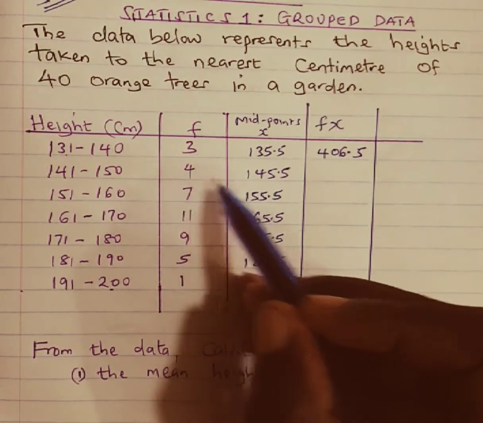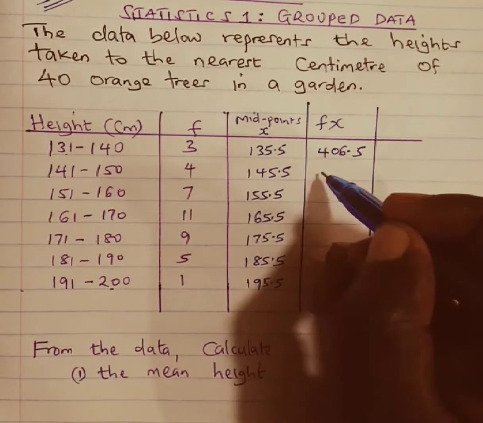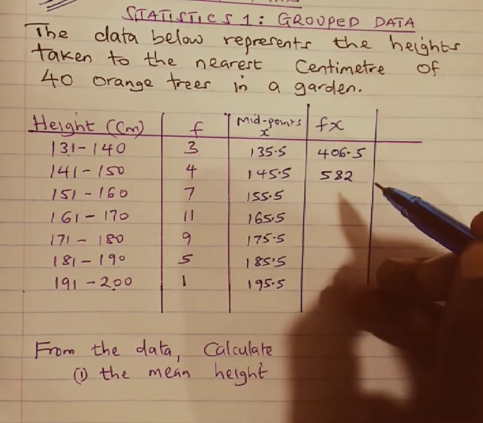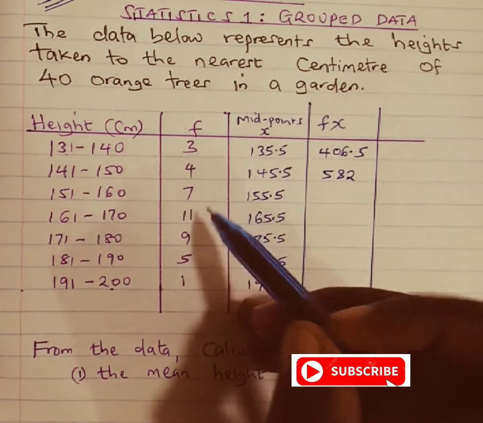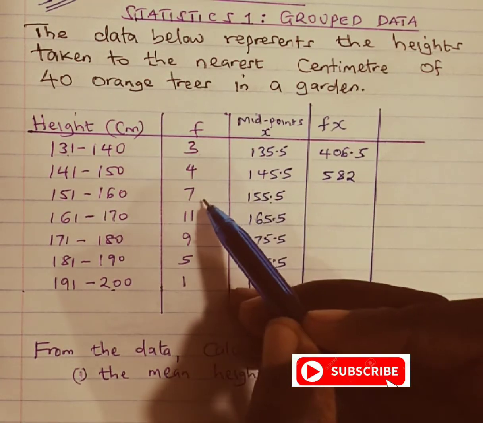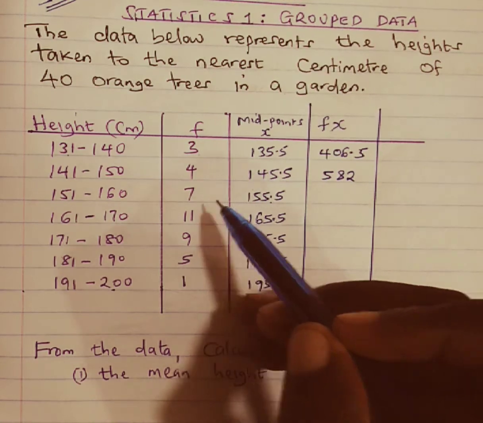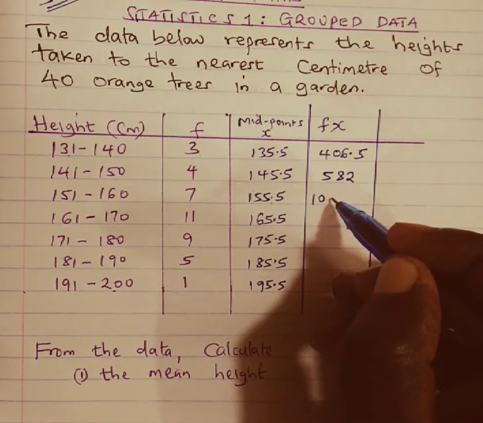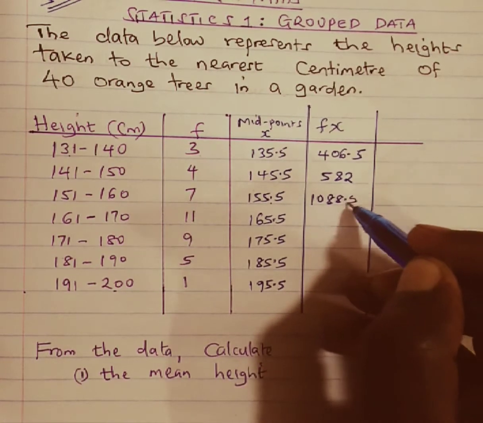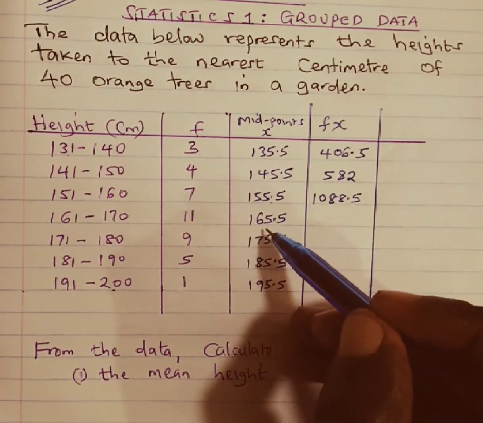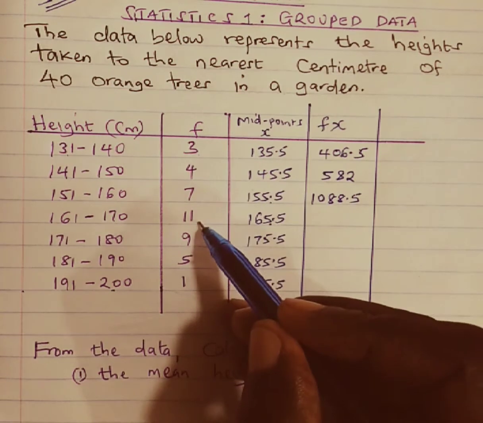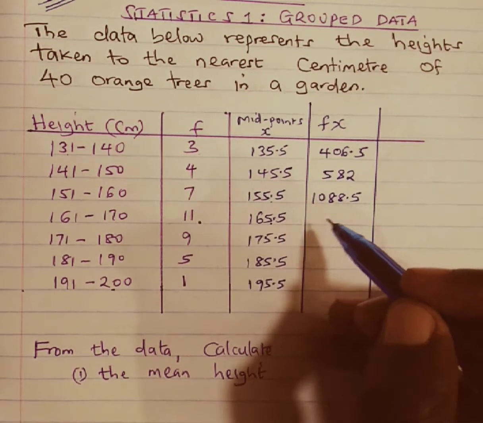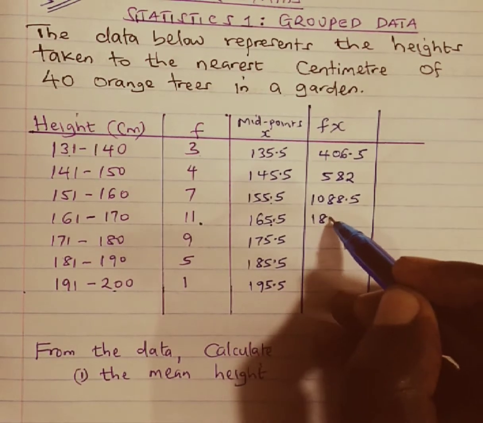Then you take 4 times 145.5, this gives us 582. Next we take 155.5 times 7, you get 1088.5. Next you take 165.5, you multiply by 11, and this gives us 1820.5.